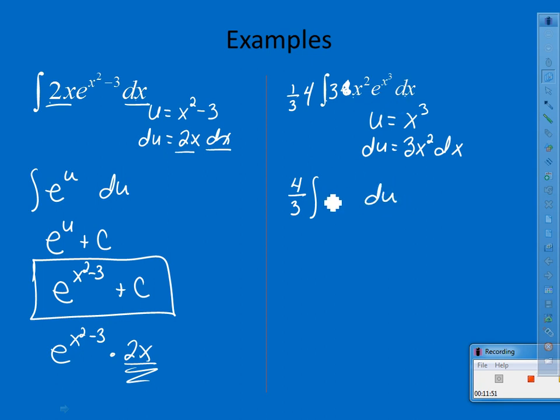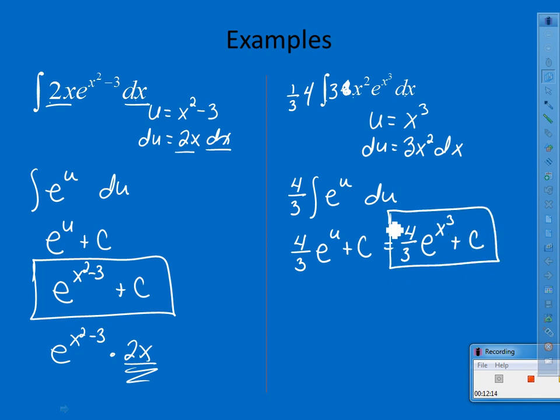E to the x cubed becomes e to the u. This antiderivative becomes 4/3 e to the u plus c, which becomes 4/3 e to the x cubed plus c.